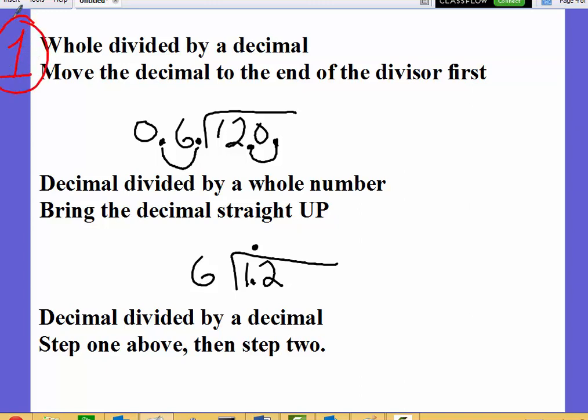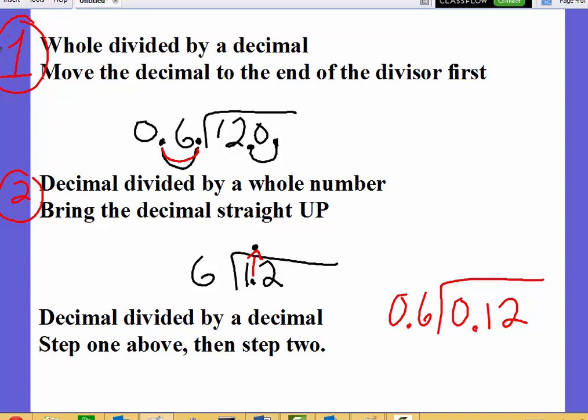I'm going to see if there's a decimal that I can move over. Then I do step 2 if I need to, where I bring that decimal straight up. So here's my example. If I have 0.6 as my divisor, and then I have 0.12 as my dividend, or 12/100ths.